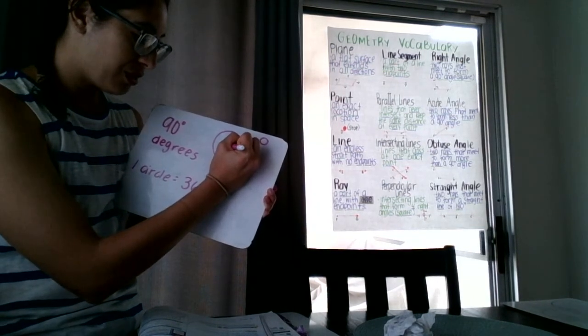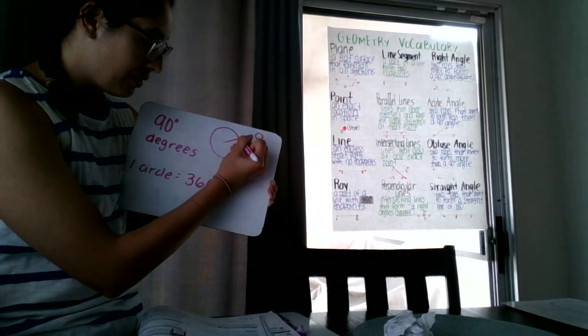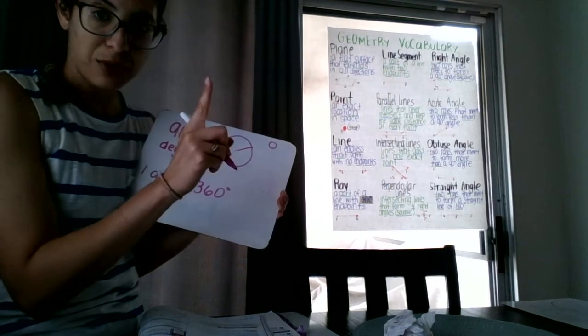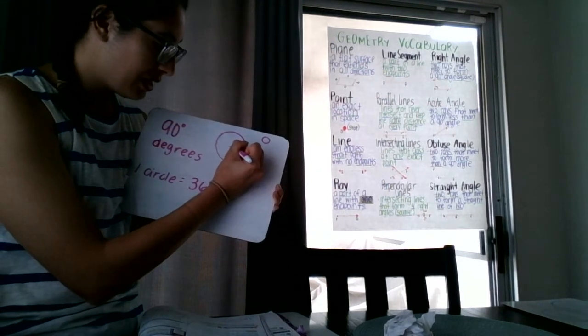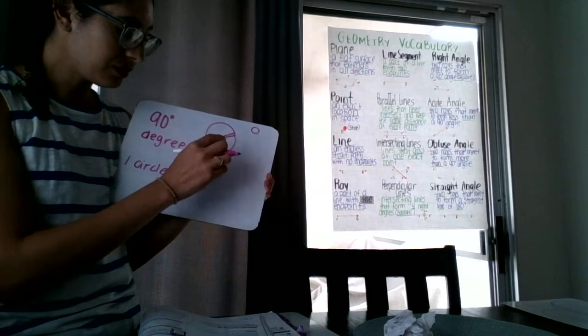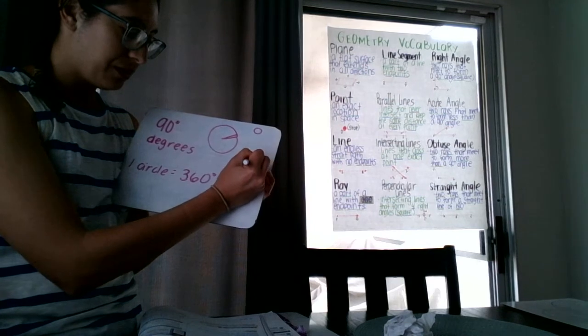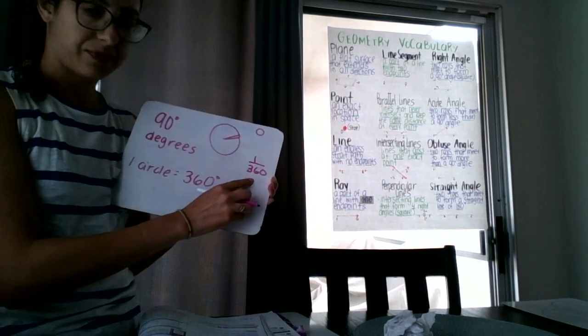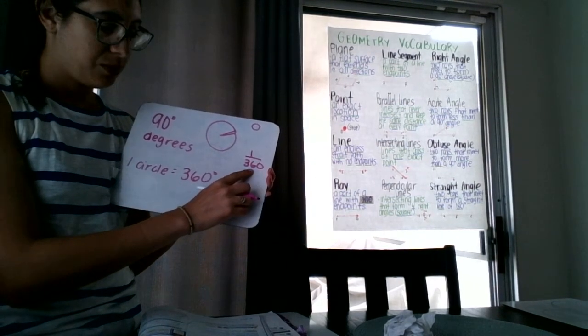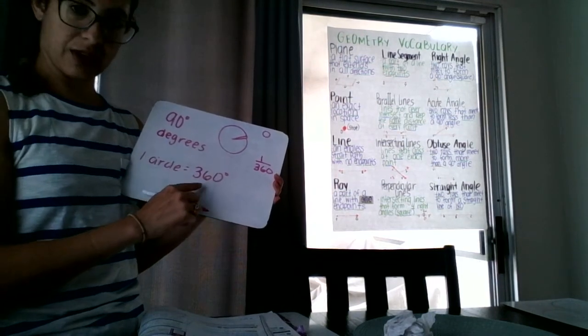So if I wanted to draw an angle that measured 1 out of 360, it would be like this small, okay? Now, 1 angle out of 360. Okay, so remember this stuff. Okay, I'm going to erase it.